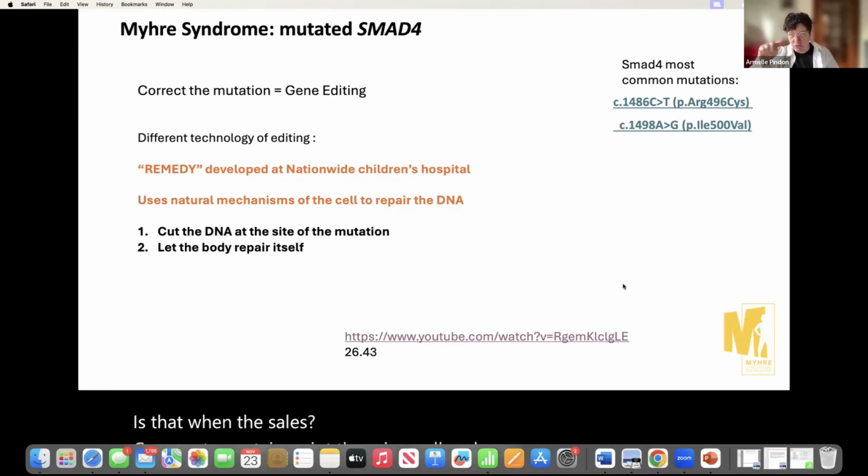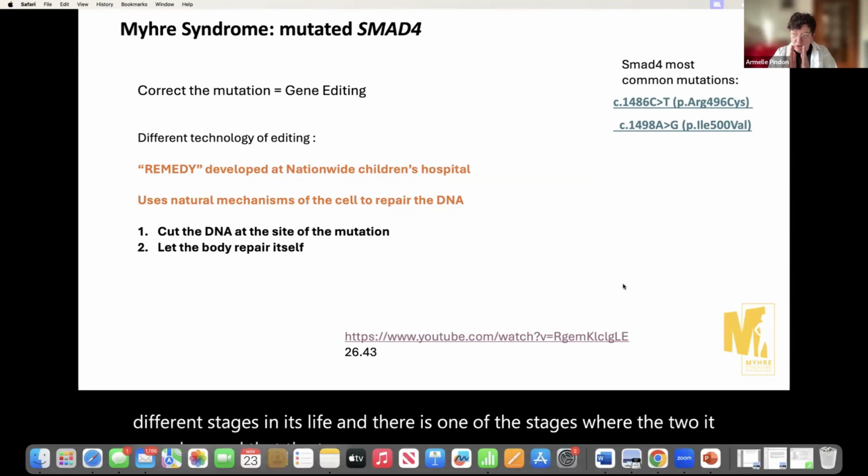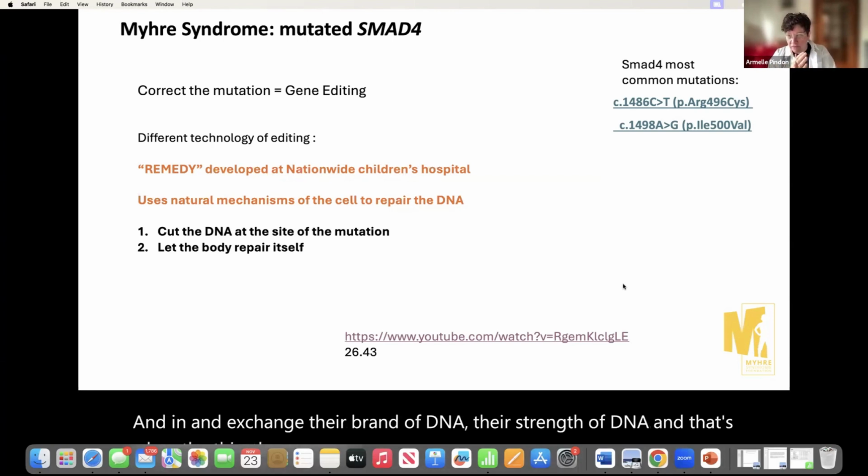The cells go through different stages in their life, and in one of the stages it was observed that the two chromosomes come close to one another. Even when there is no issue, the two chromosomes come close to one another and exchange their strand of DNA, and this phenomenon, this event, can be used to repair the DNA.